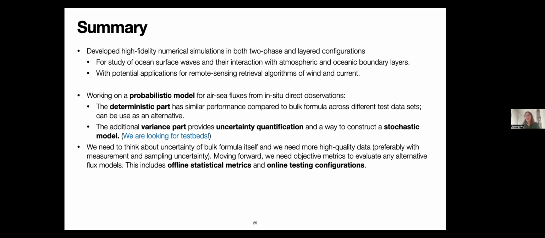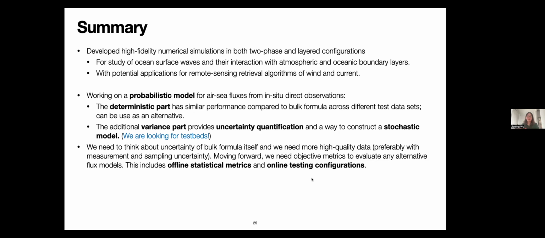So we need more high quality measurement data, sampling those high wind and low wind areas, and preferably measurements that come with their own uncertainty estimate, so that we can better separate the measurement uncertainty and the model uncertainty.